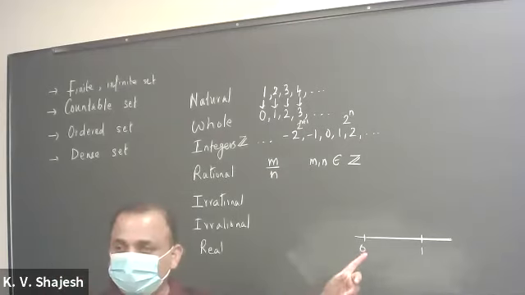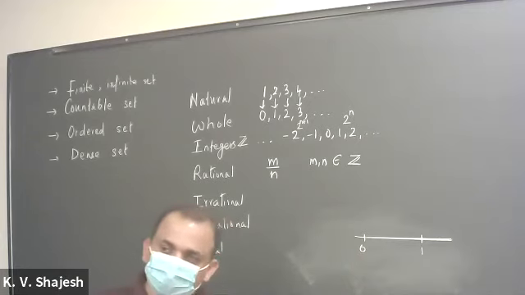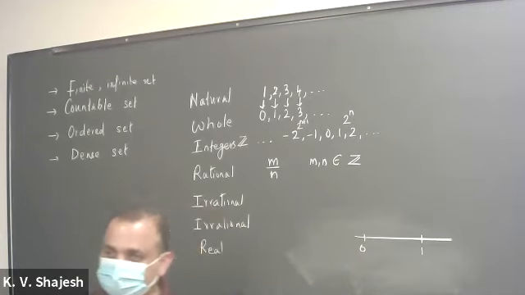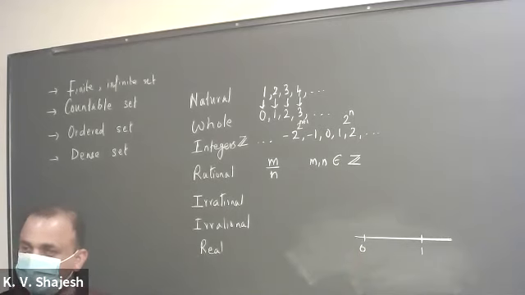So it's dense in that sense, you can only limit approach the 0. There is no closest number to 0, you can only approach it. In that sense, it's dense.